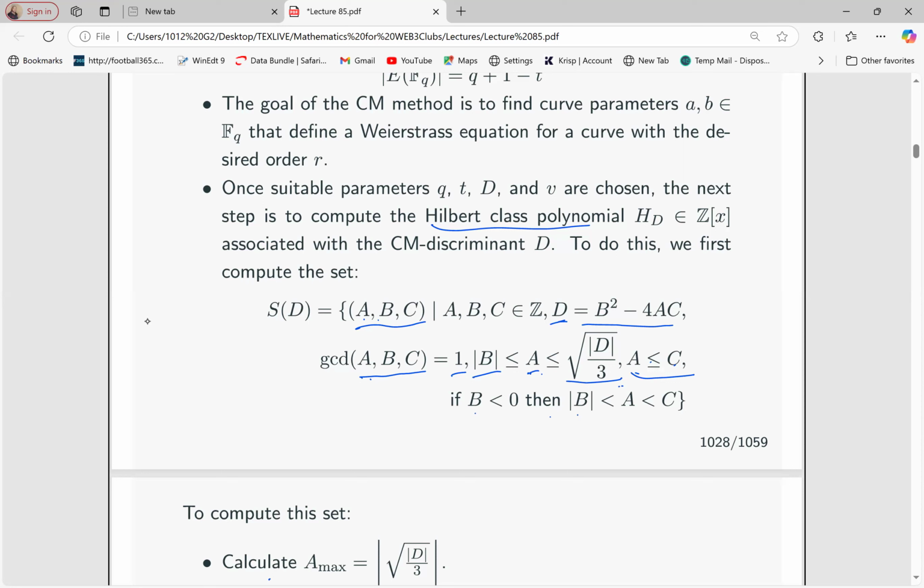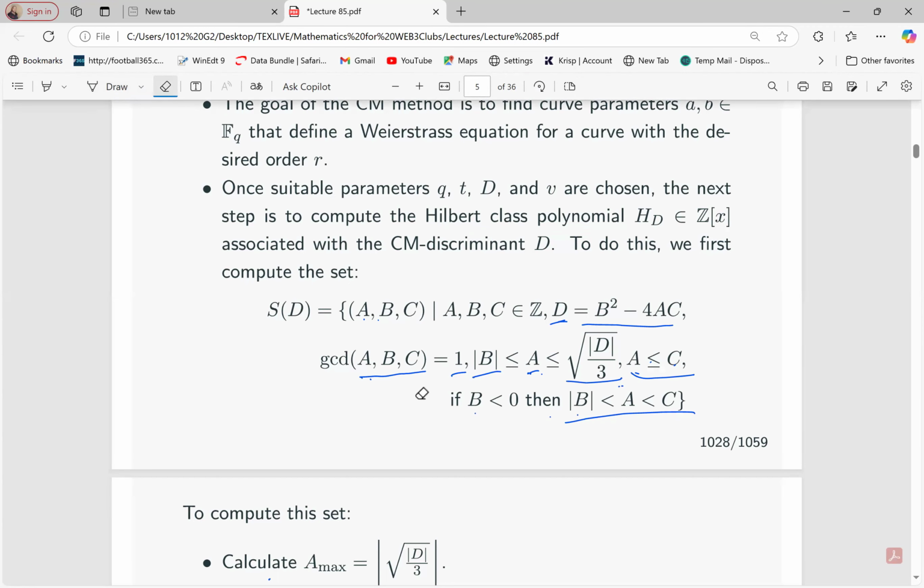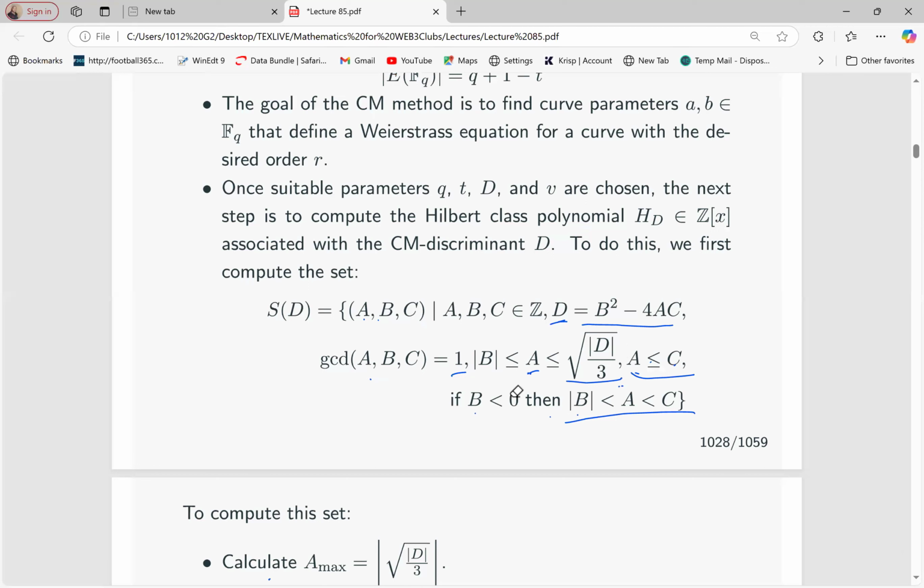And if B is less than 0, then this must be met. So that's how we want to proceed and calculate the Hilbert class polynomial.